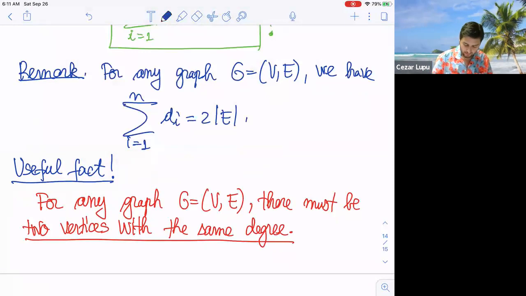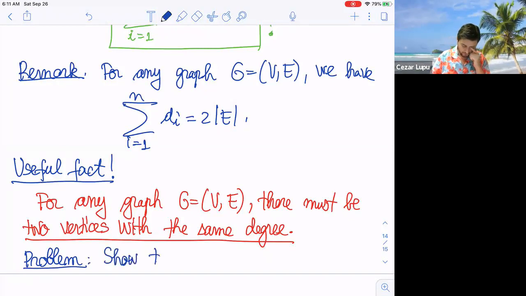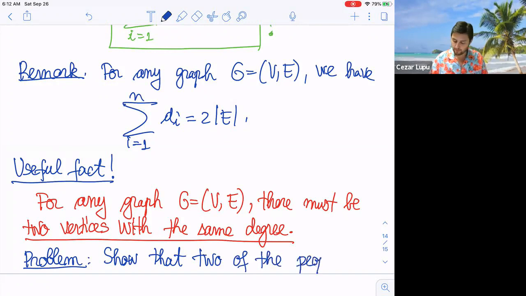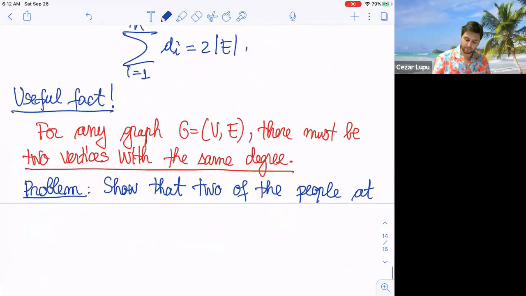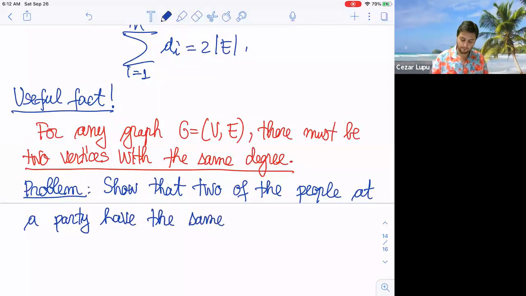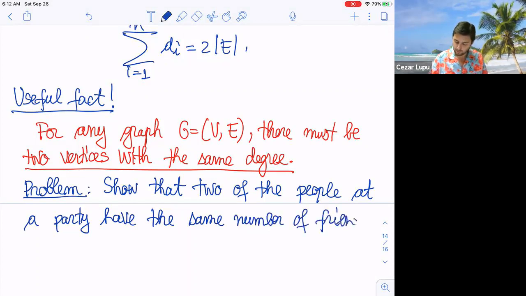So the problem here is the following: show that two of the people at a party have the same number of friends. That's exactly what it says.